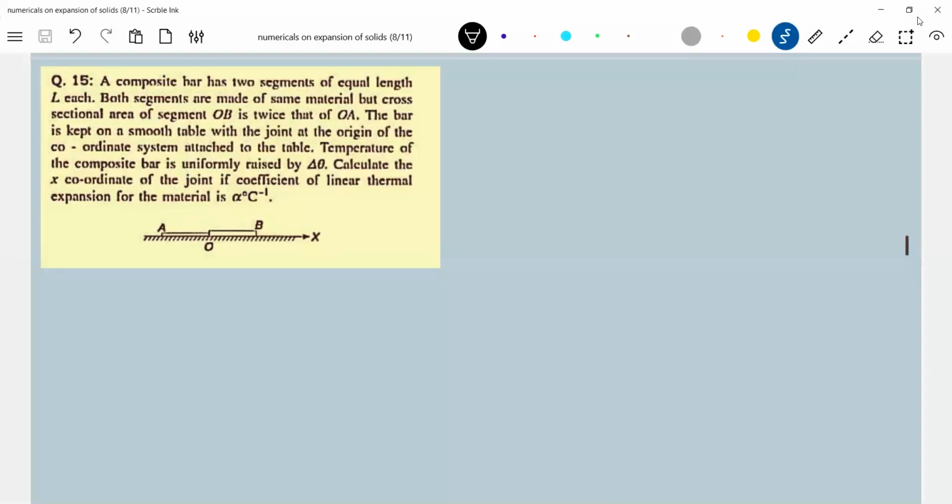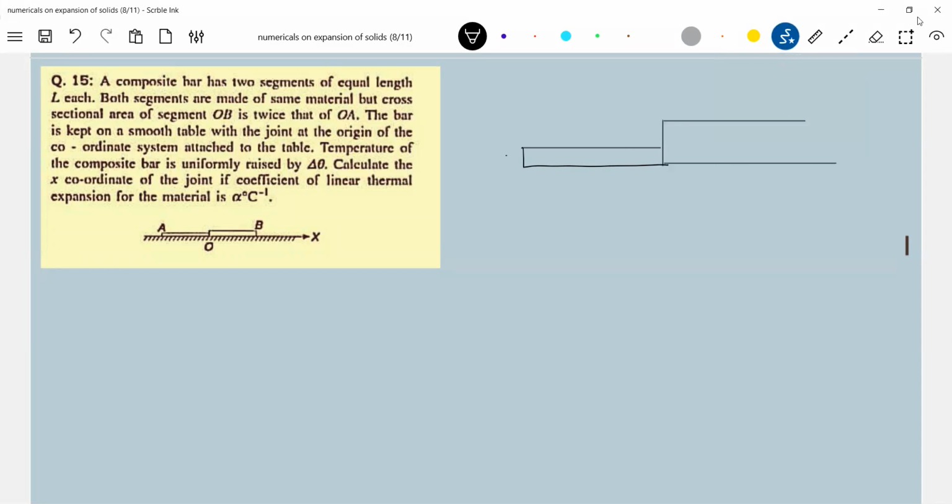Same material, but cross section area of segment OB is twice of OA. Again, they're lying on the smooth table. I'll start with a diagram like this.